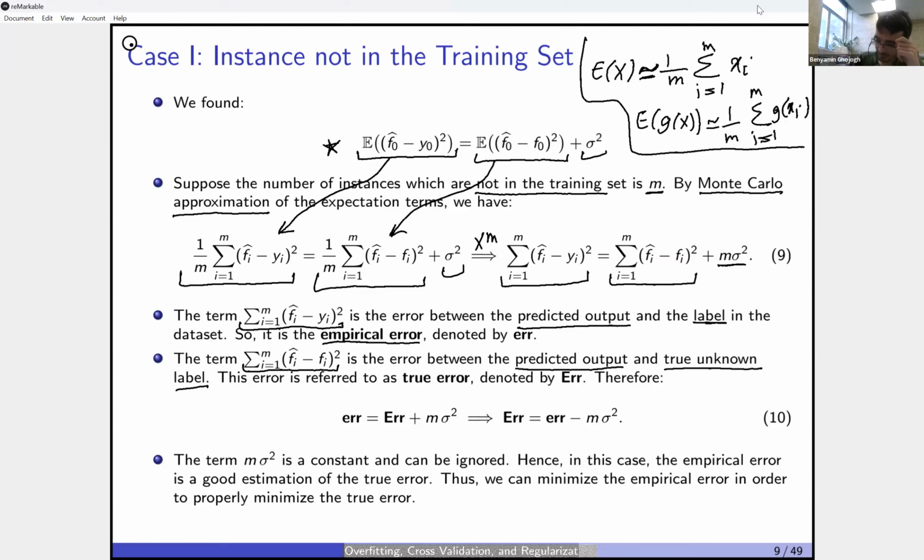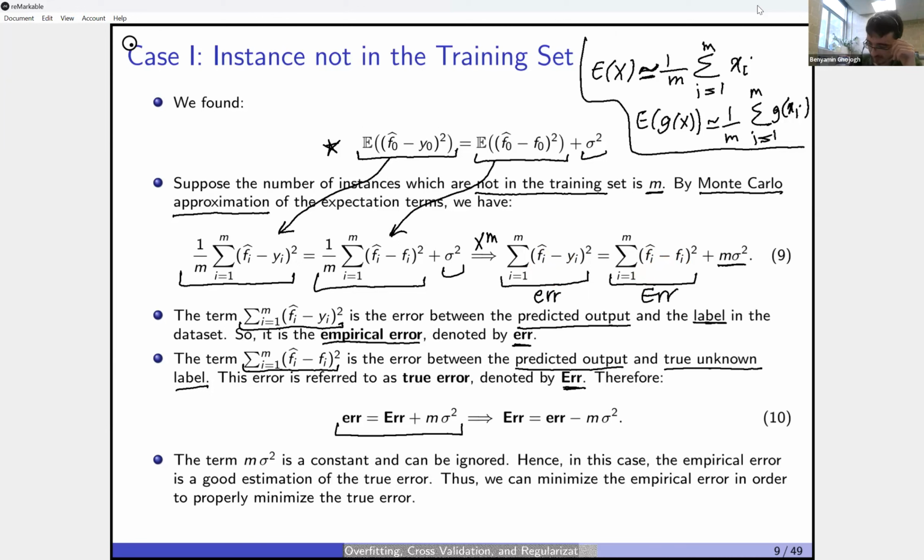Okay. Therefore, I call this the empirical error. I call this the true error. I hope to know the true error, but I never have it. I have the empirical error. I can calculate the empirical error. I don't have the true error, right? Okay. I denote the empirical error by small error and the true error by capital Error.